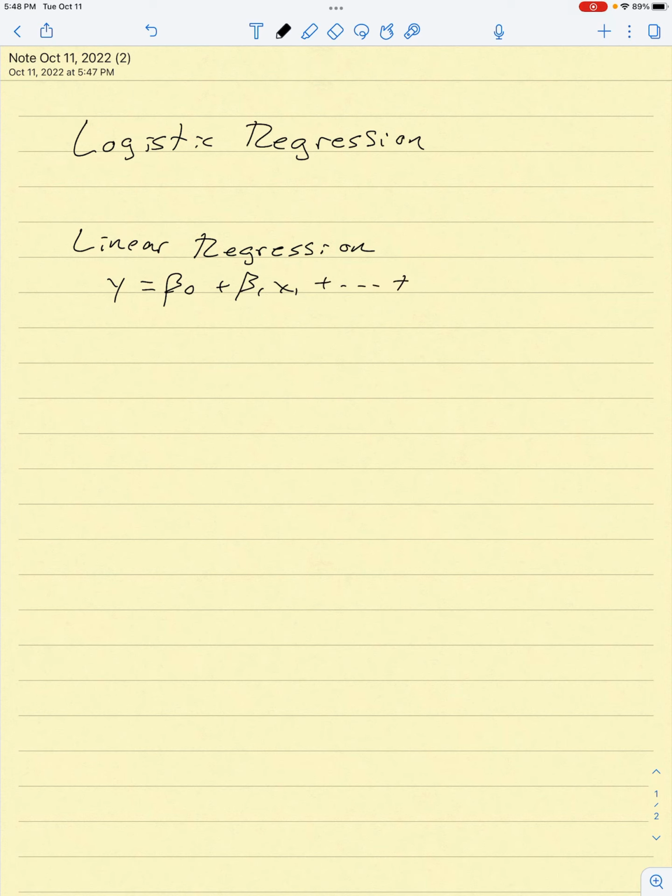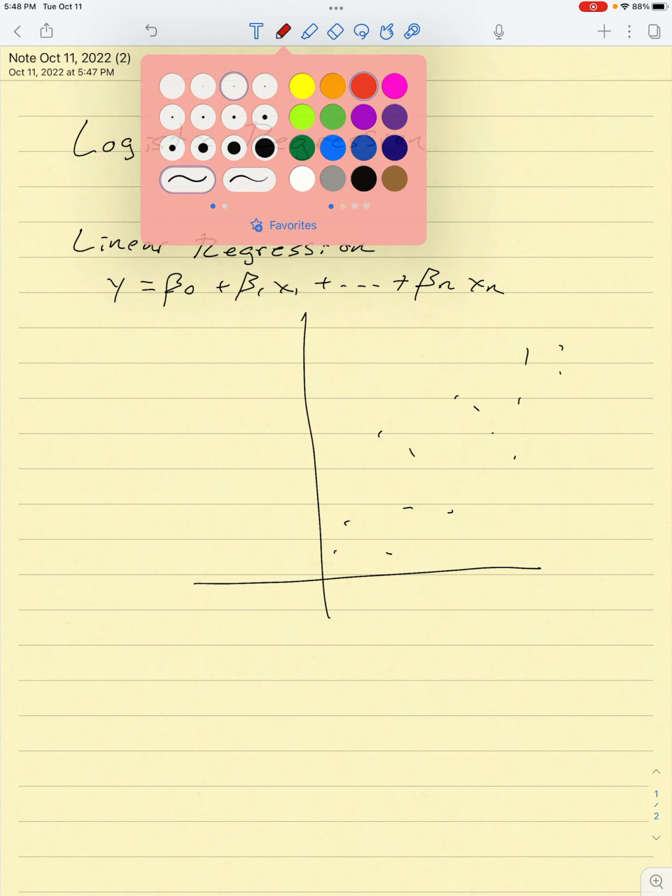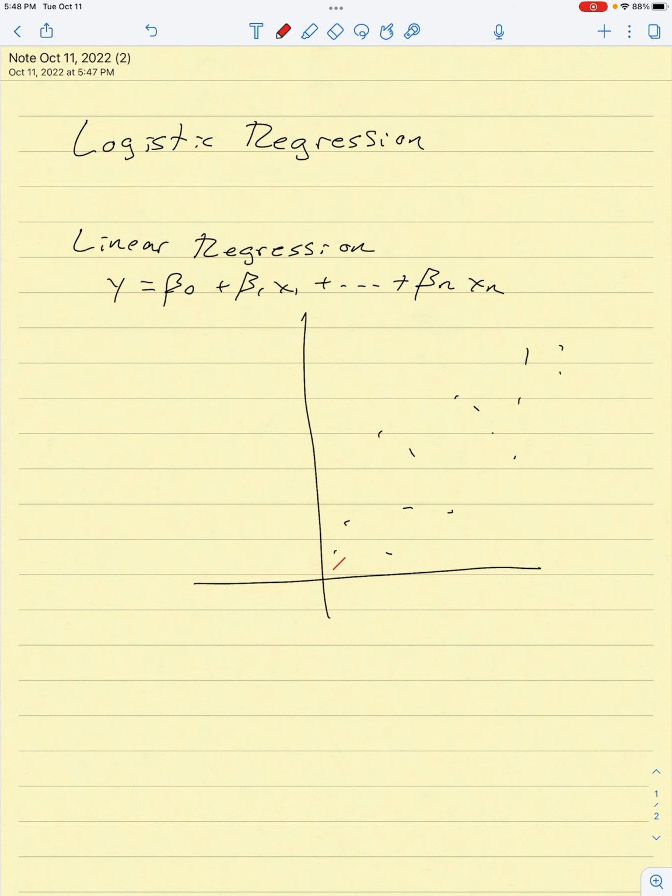And it looked like this, right? And linear regression, again, if we had some kind of scatter plot, trend of variables, we could make a line of best fit through them. And the equation of that line is given by whatever this turns out to be.